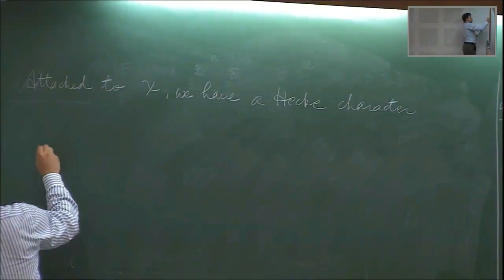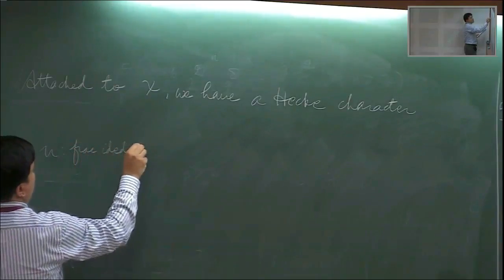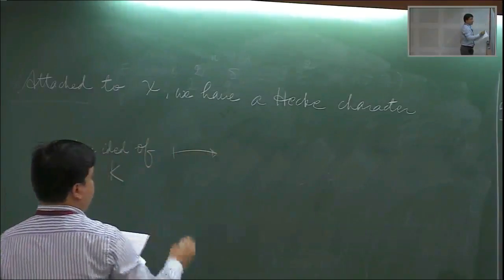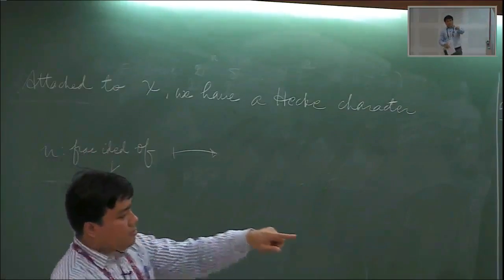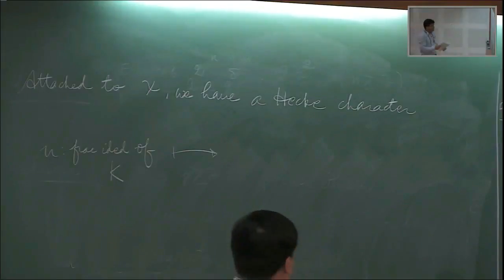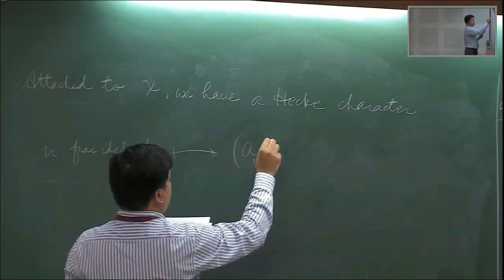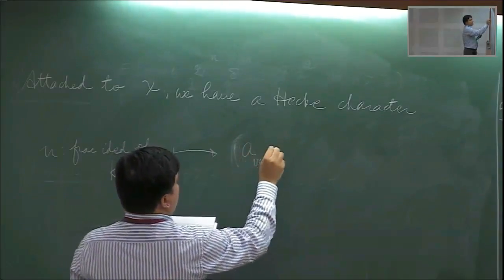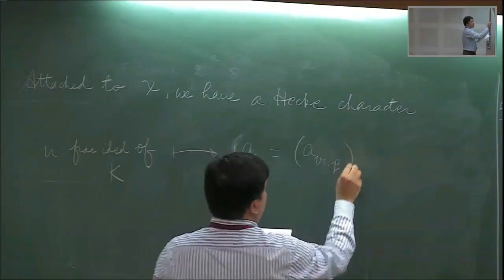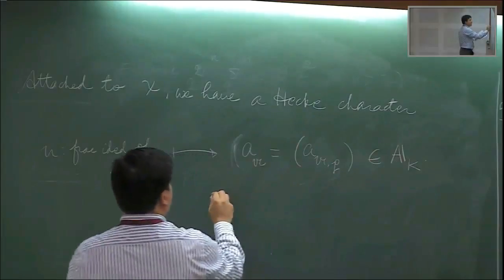Suppose I have A to be a fractional ideal of K. Attached to this, I'm going to look at an element of the ideles of AK. So I'm going to consider an infinite sequence, alpha A, like this, which belongs to AK.